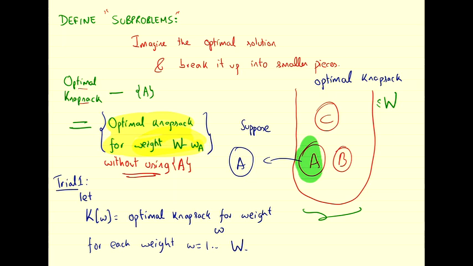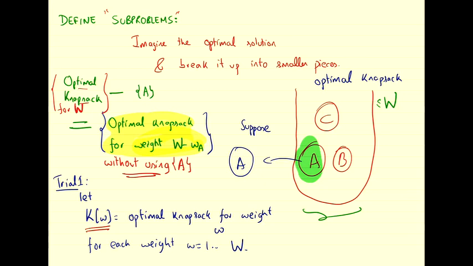Right? So let me write down what the optimal knapsack was. It's the optimal knapsack for W. You started with the optimal knapsack for weight W with all the elements available to you. And now, after removing A, you're left with this. The subproblem looks different. Somehow there are these precluded elements, right? Earlier, all elements were available to you. Now, something is precluded. Okay? And it seems to suggest that our choice of subproblem is more complicated than what I wrote here.